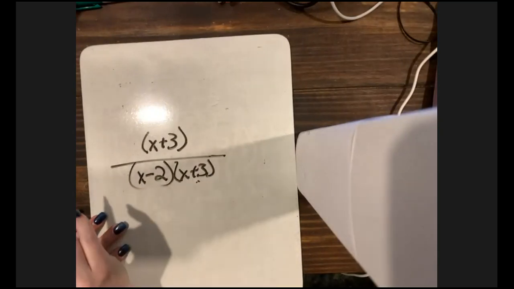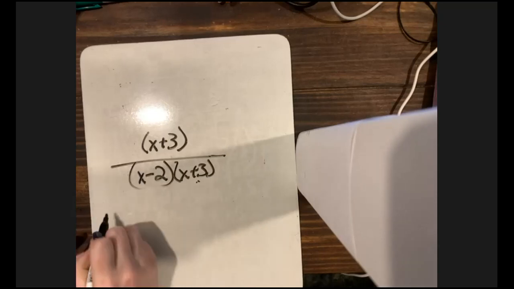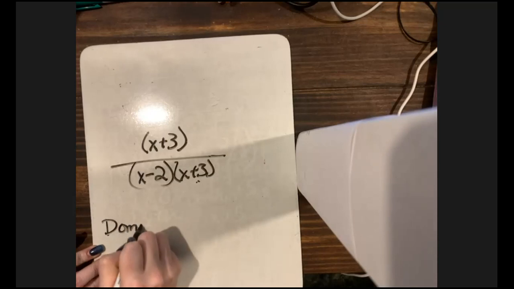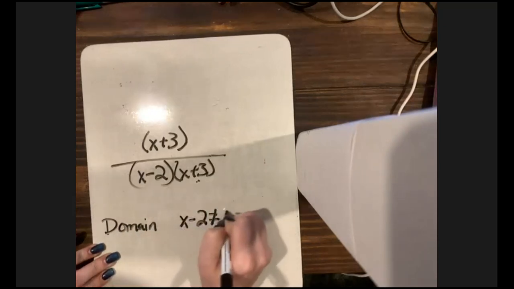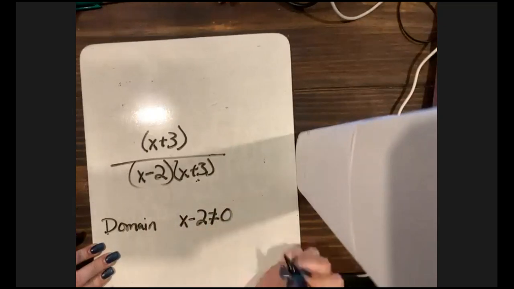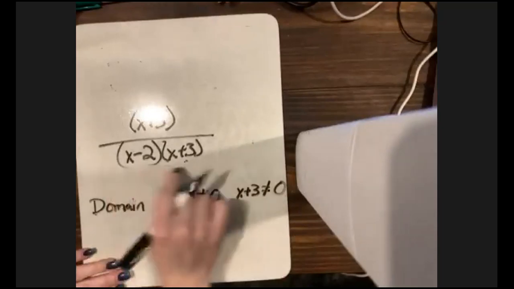However, the domain for this is going to be x minus 2 can't be 0, and x plus 3 can't equal 0. It's both of these.